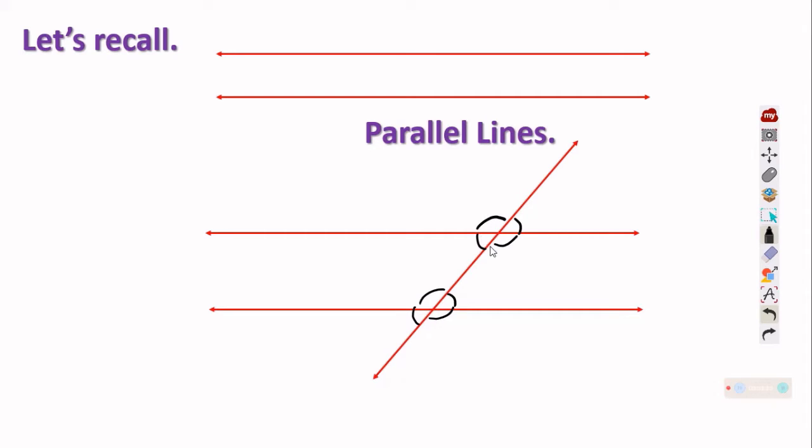There are angles formed on the same side of the transversal. This is the transversal. And there are angles formed on opposite sides. What we actually studied was about their measure and congruency. Certain properties which we studied about angles come in use here.